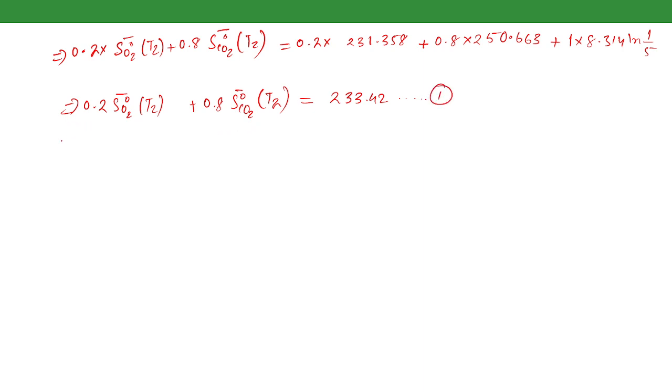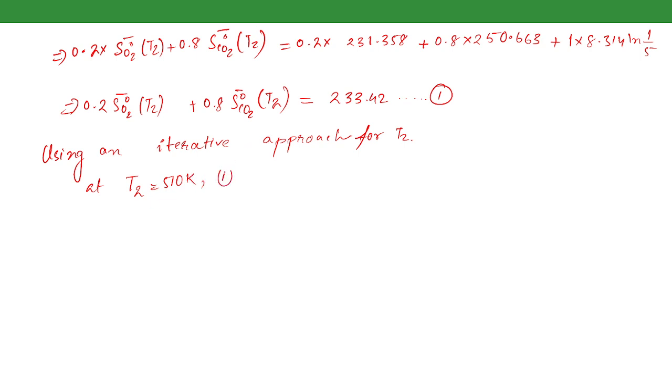So how will we do it? We use an iterative approach now. Using an iterative approach for T2 at an initial guess of 510 Kelvin, from equation 1, if we calculate the entropy values corresponding to oxygen and carbon dioxide at 510 Kelvin and put them in equation 1, we will get 0.2 multiplied by 221.206 plus 0.8 into 235.700.